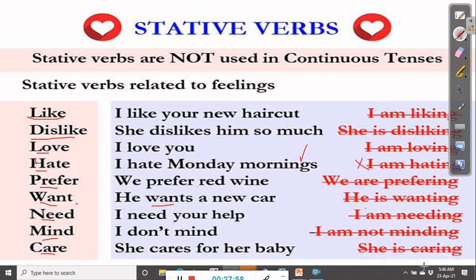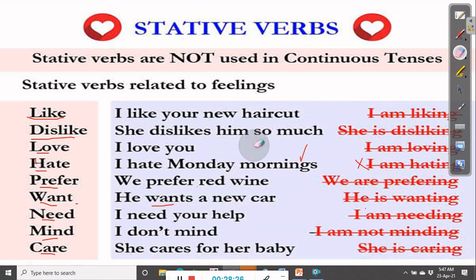Of course, you often hear the word she is caring, but then caring is used as an adjective in that particular case. It's used as a complement, which is an adjective. She is caring. So if we use caring as an adjective, then it can be used in this ing form, but certainly not when you are using it as a stative verb. All right.